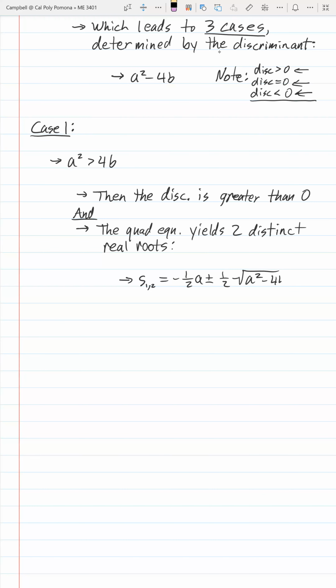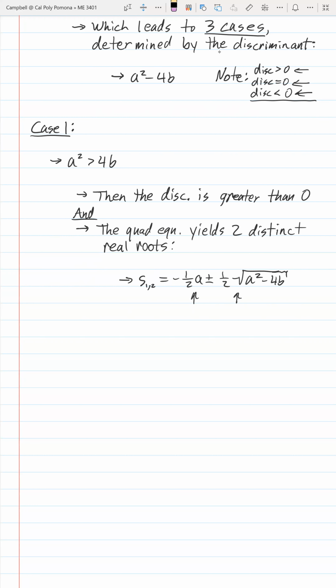And so again, this is going to make the form a little bit easier later on. So again, we have a particular quantity. If I have a non-zero quantity over here and I add it to that particular quantity and then subtract it from that particular quantity, we're going to end up with two different values.